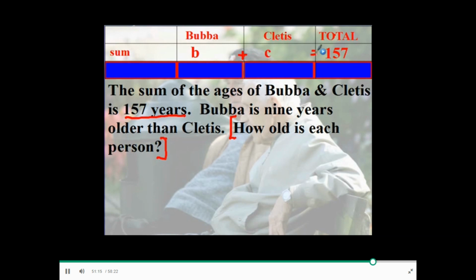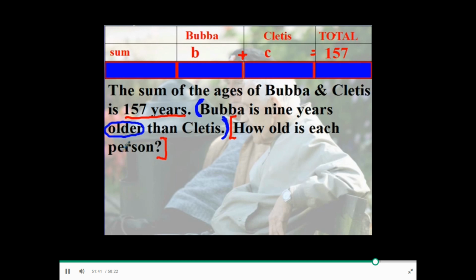Now I'm kind of stumped. I have that same problem that I did last time. I don't have another total. So I'm going to look at this sentence right here. Bubba is 9 years older than Cletus. Well, in English we use the word older, but what that means is more years.